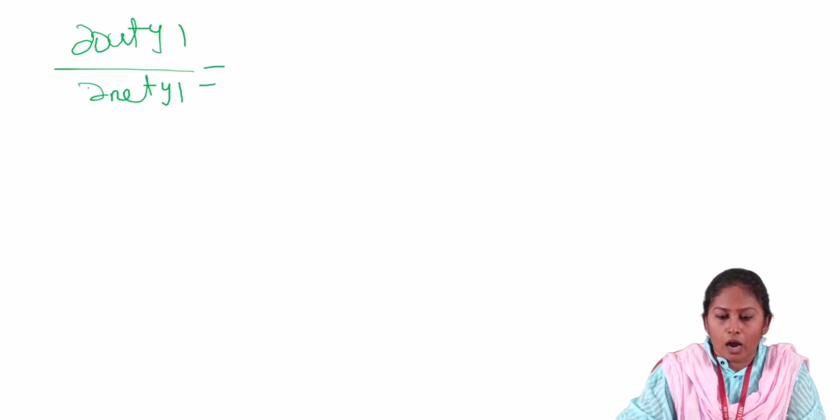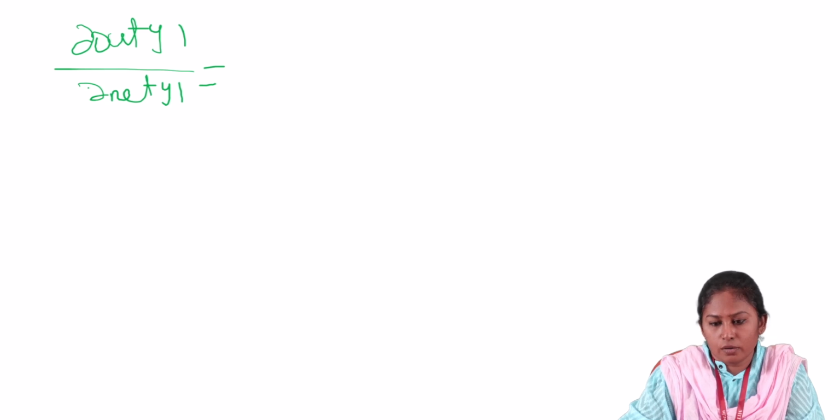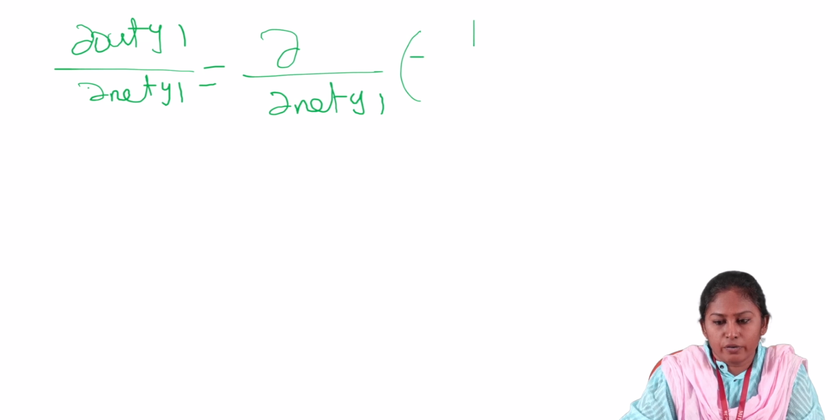Out y1 is nothing but the sigmoid function that we are applying here. So do by do net y1 of 1 divided by 1 plus e to the power minus net y1.